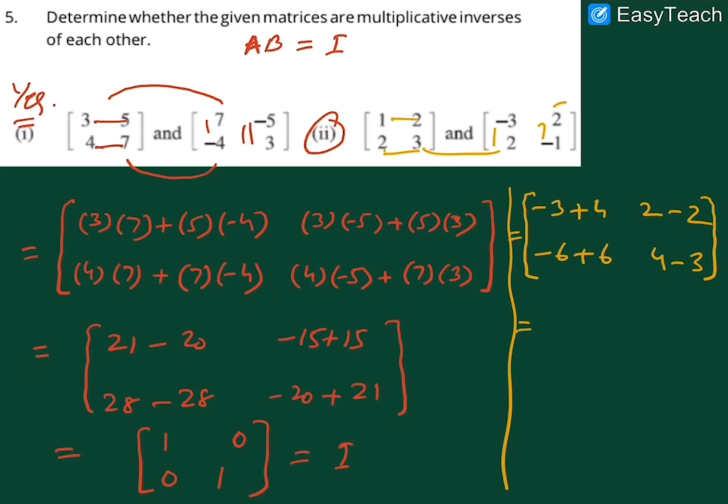So this equals 1 0 0 1. If the identity matrix does not come, then it means these are not inverses of each other. But again we got the identity matrix, so yes, both matrices are multiplicative inverses of each other. So like this we prove that two matrices A and B are multiplicative inverses of each other if after multiplication we get the identity matrix.